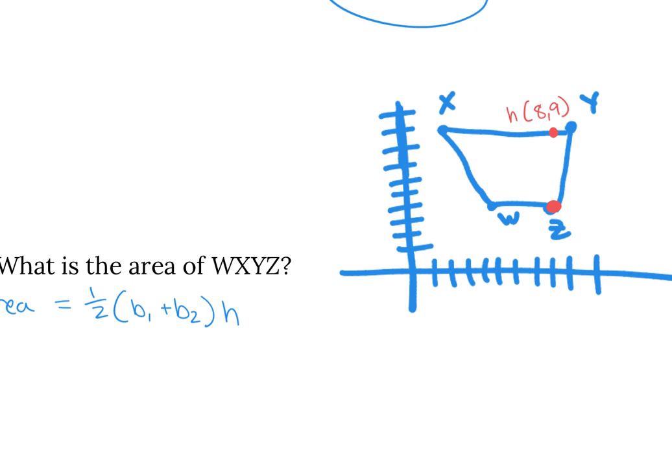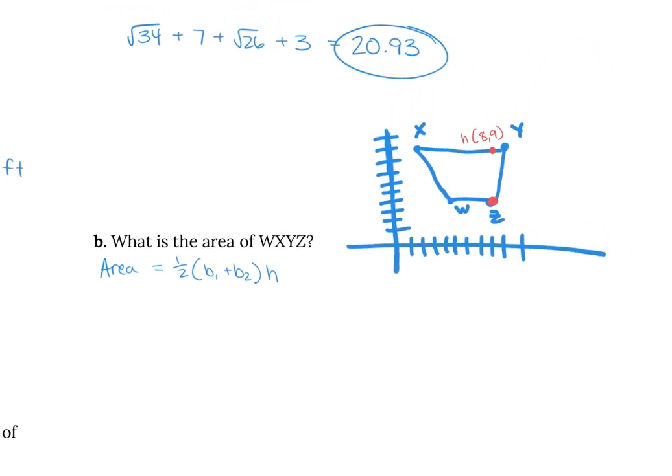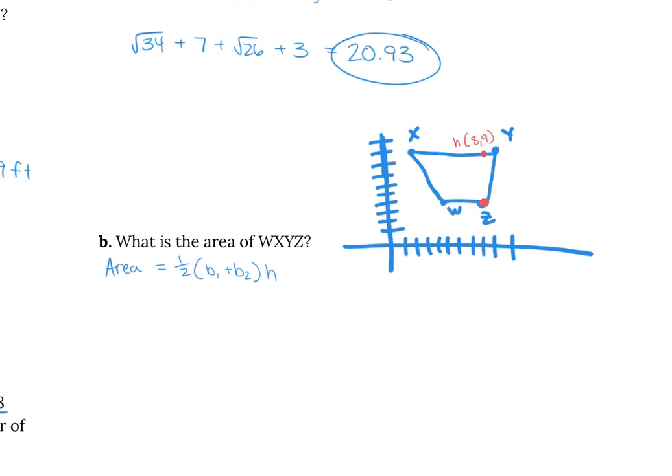Call that my height H. Okay, so I'm going to find that height by finding the distance of that. It's going to get me 5. So my height is 5.